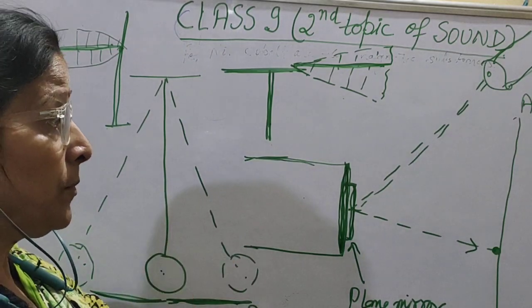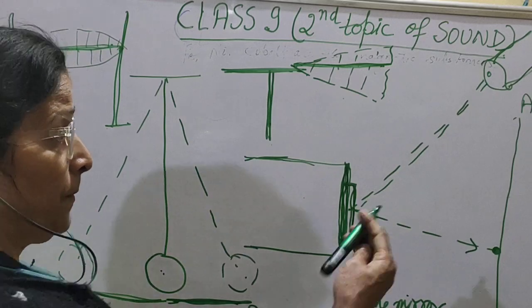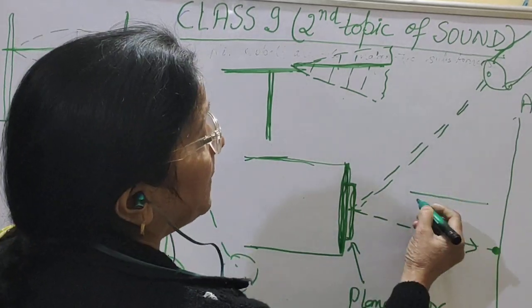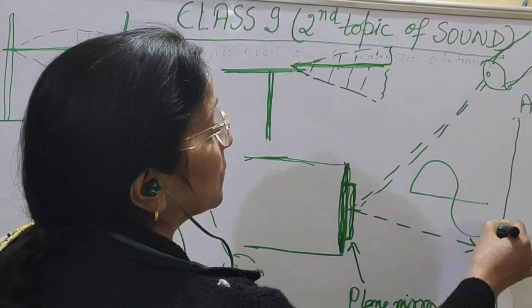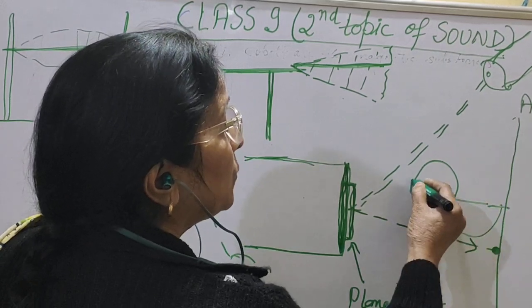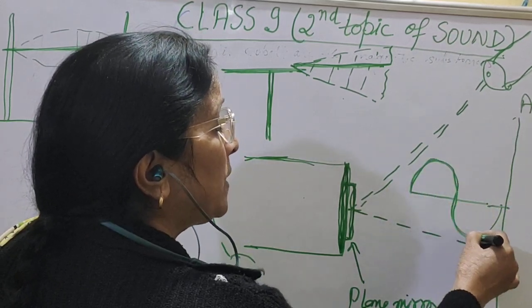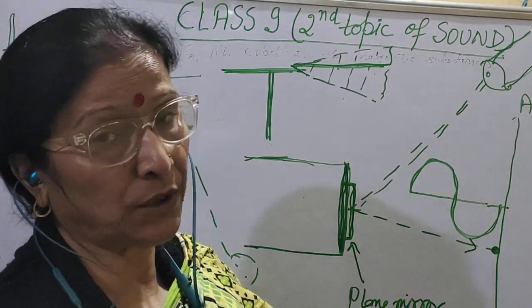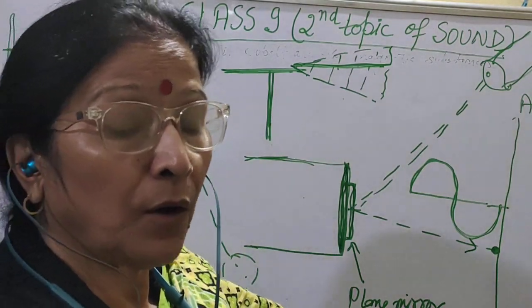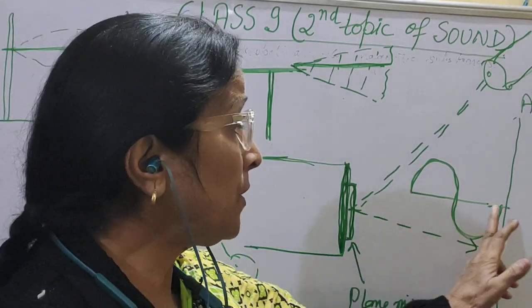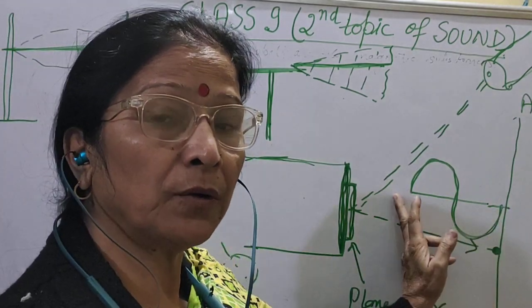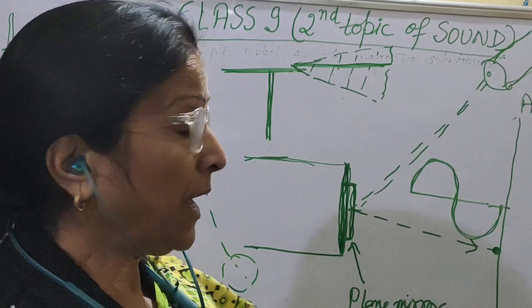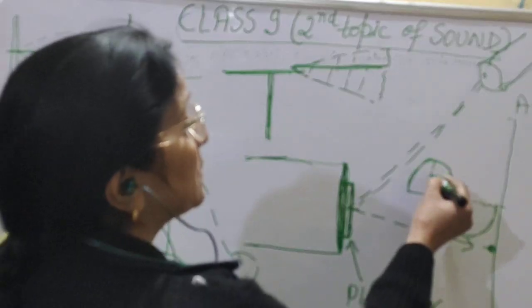So one elevation and one depression together form one oscillation. The time taken to complete this is called one time period. And this will represent the amplitude.